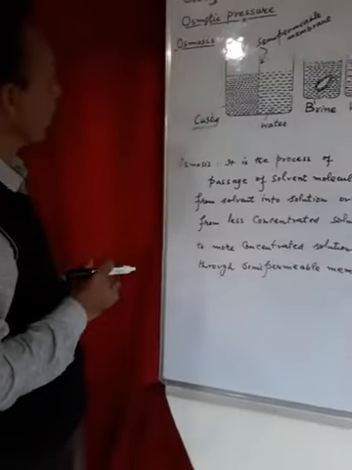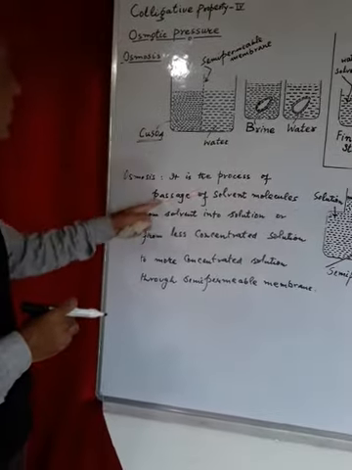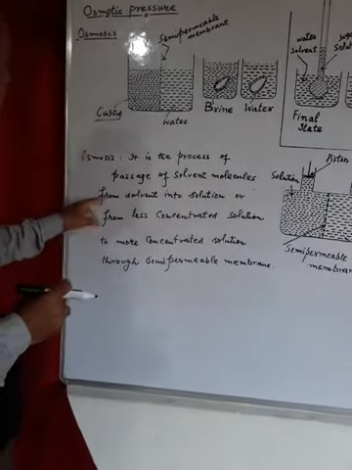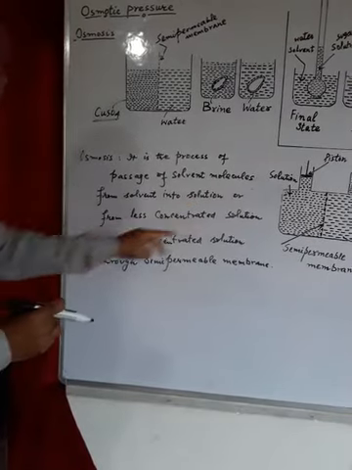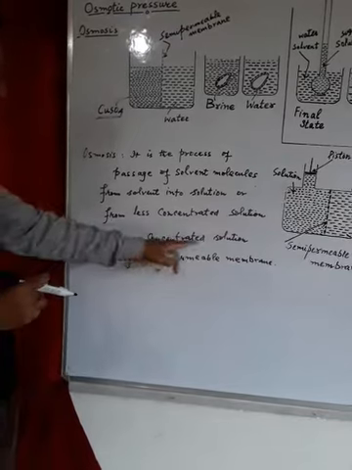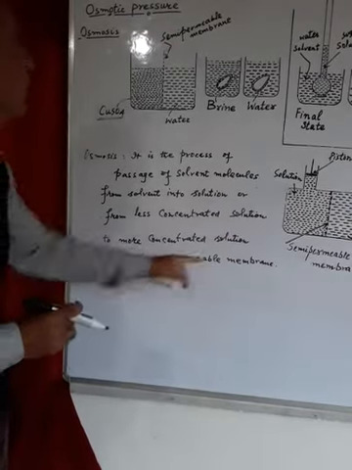So osmosis is the process which involves the passage of the solvent molecules from the solvent into solution, or from less concentrated solution to more concentrated solution through a semi-permeable membrane.